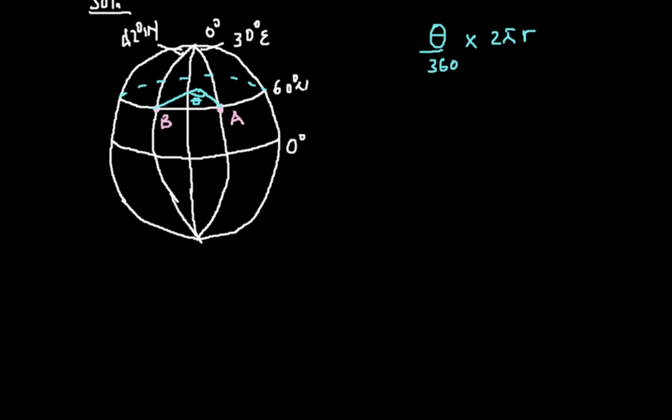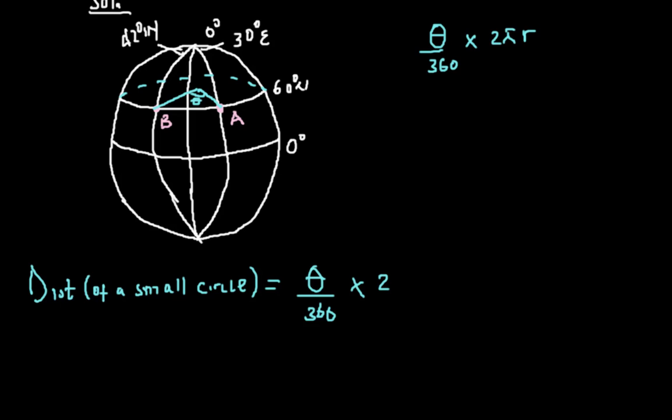We are going to be having distance of a small circle will be equals to theta over 360 times 2 pi small r, where theta equals to angle between longitudes.